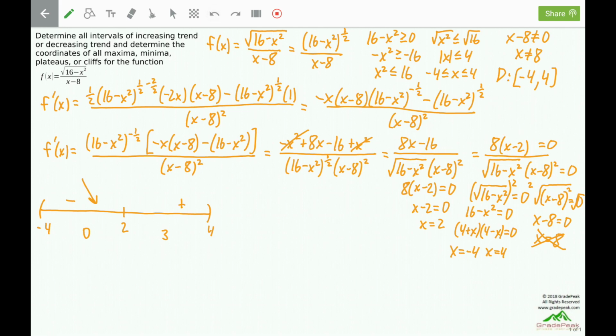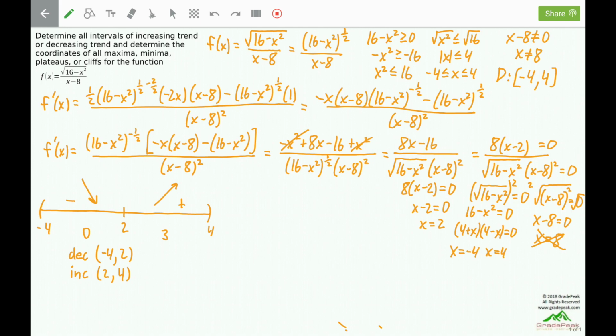We have a positive first derivative that corresponds to an increasing trend. So we have a decreasing trend in the interval of negative 4 to positive 2. We have an increasing trend from positive 2 to positive 4.